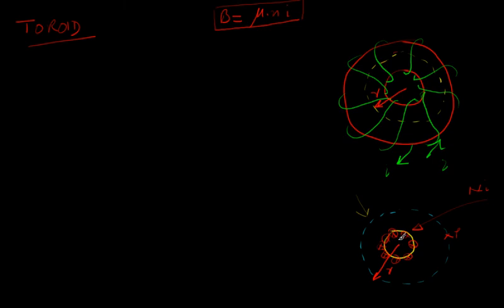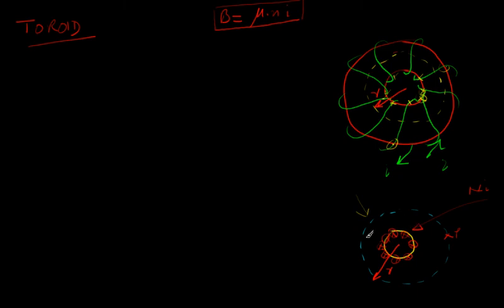If you see here, everywhere there is a cross, and here it is a dot, and here a cross, meaning the current is going inside.